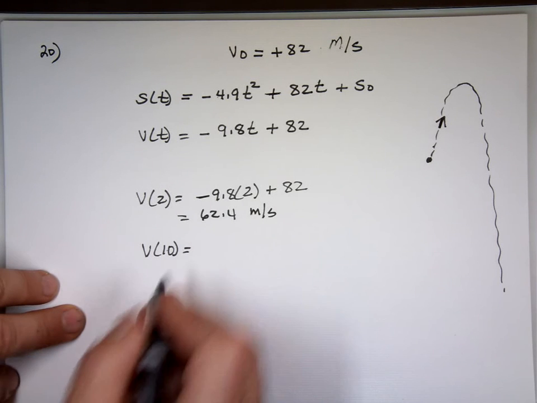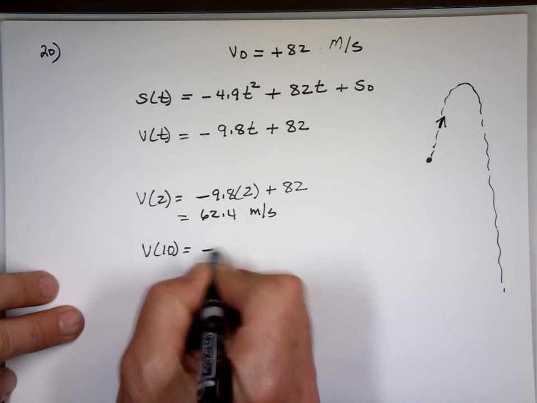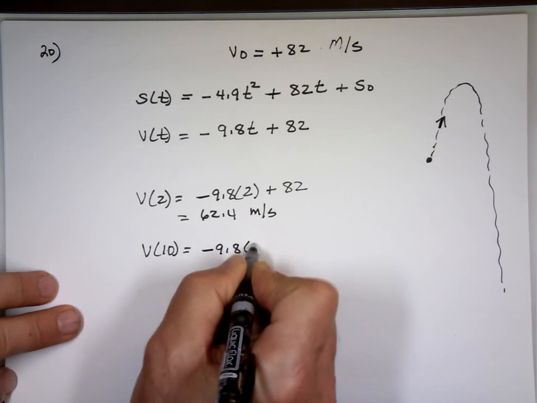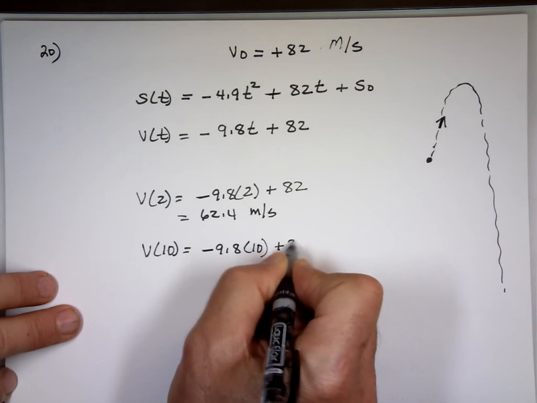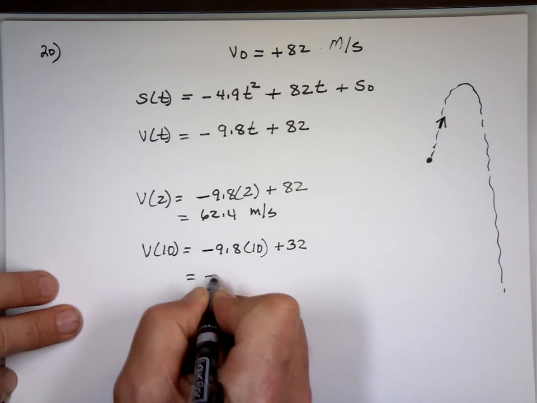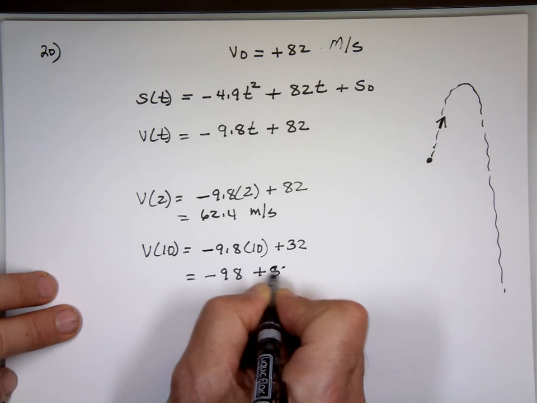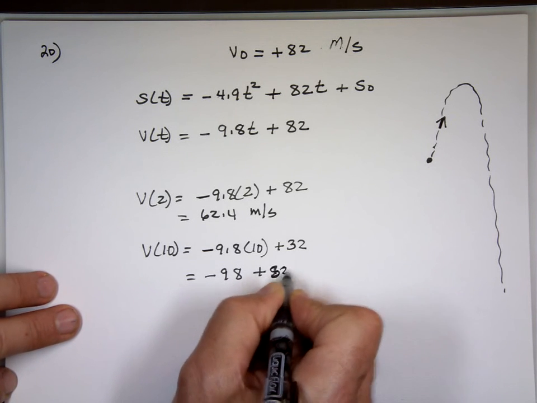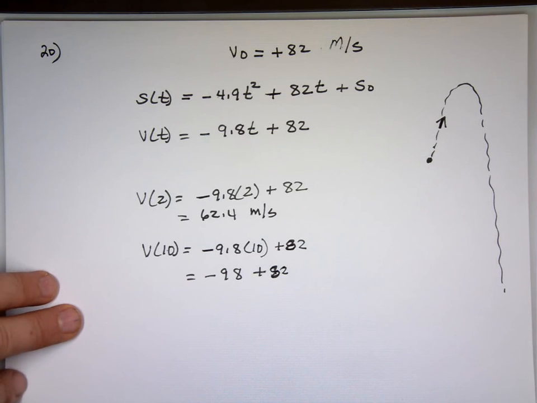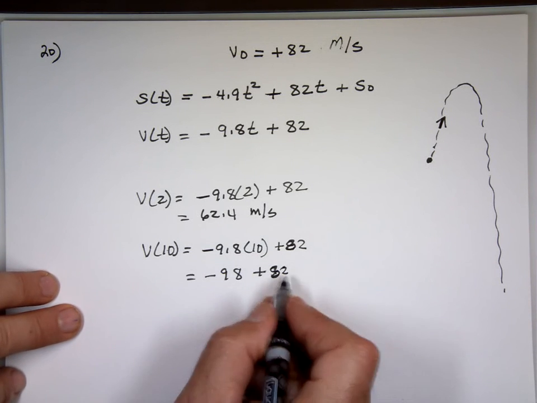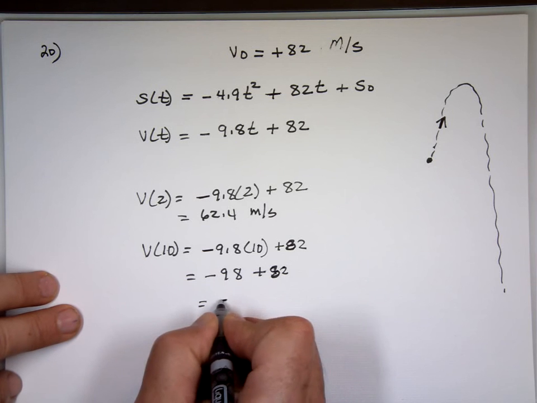What's the velocity after 10 seconds? That's negative 98 plus the 82. Is it 82? Yep, 82. Is that negative 16?